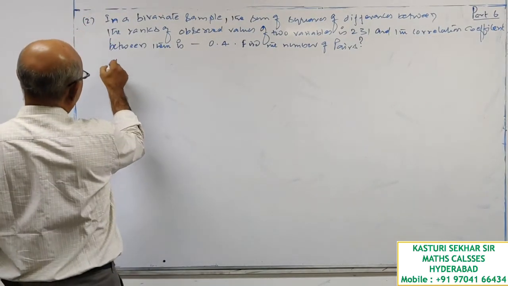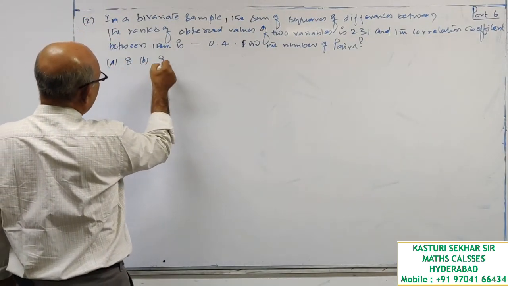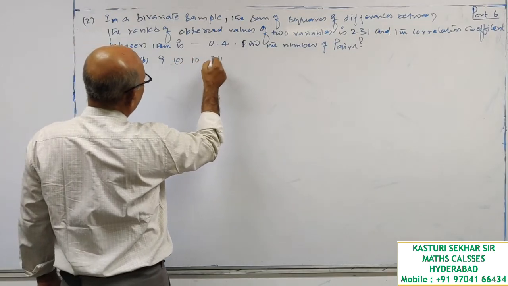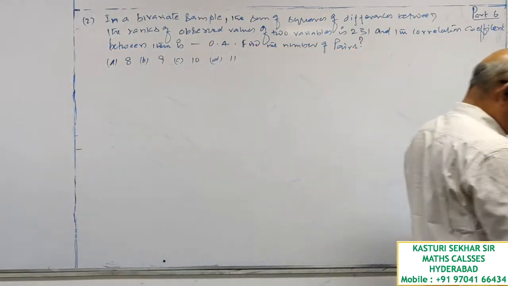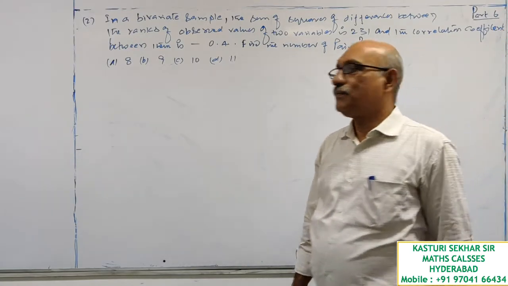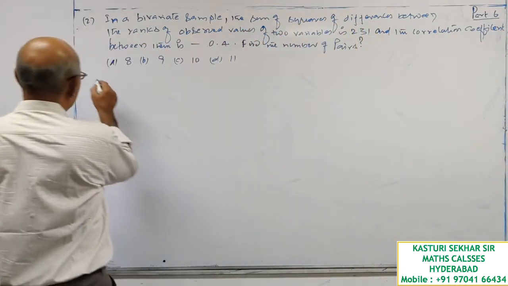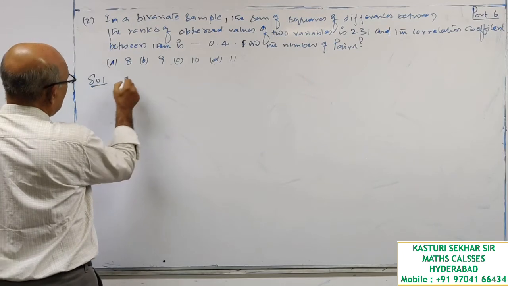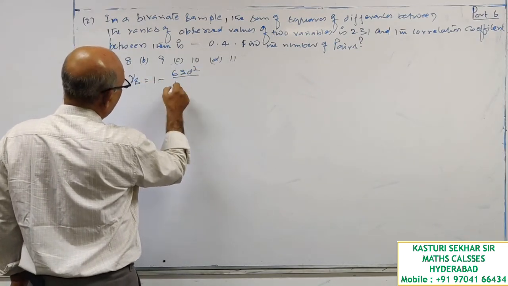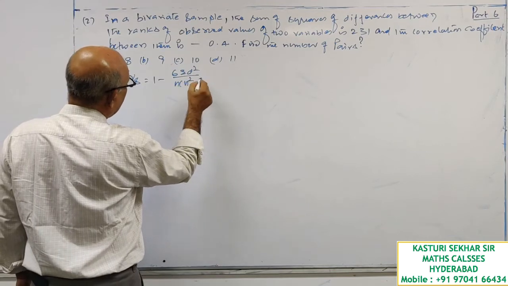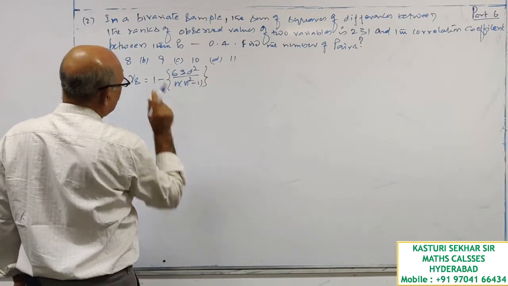We have option A 8, option B 9, option C 10, option D 11. Fine. Let us see. Solution. Rs is equal to 1 minus 6 into summation of d square by n into n square minus 1.